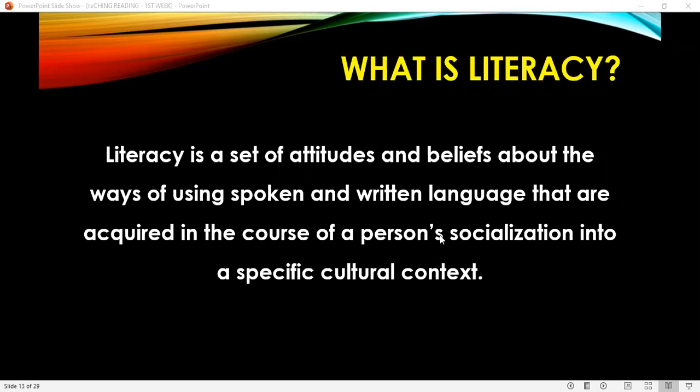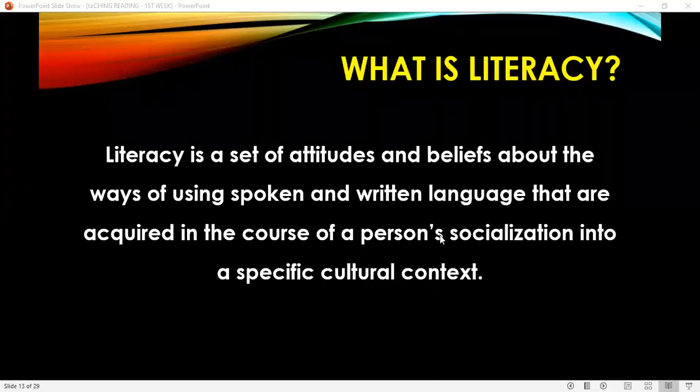So as we have seen before, when we read, we're going to use this knowledge about the spoken and written language in order to match with the new information that we receive. So that's why literacy is important.